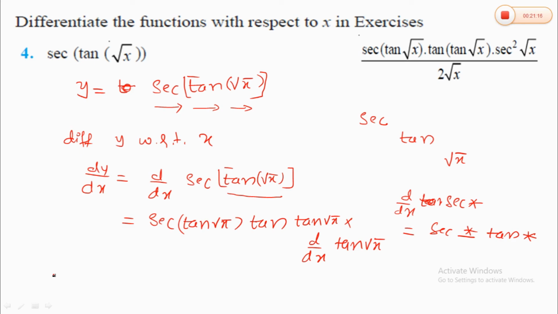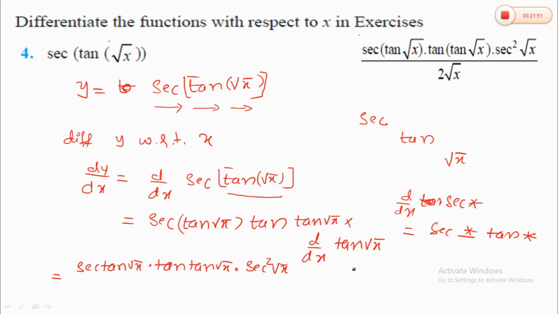So this equals sec of tan root x into tan of tan root x. Now observe here, again it is a composite function. So first we come across tan. The derivative of tan is sec square f(x), where f(x) is equal to root x. So therefore sec square root x.